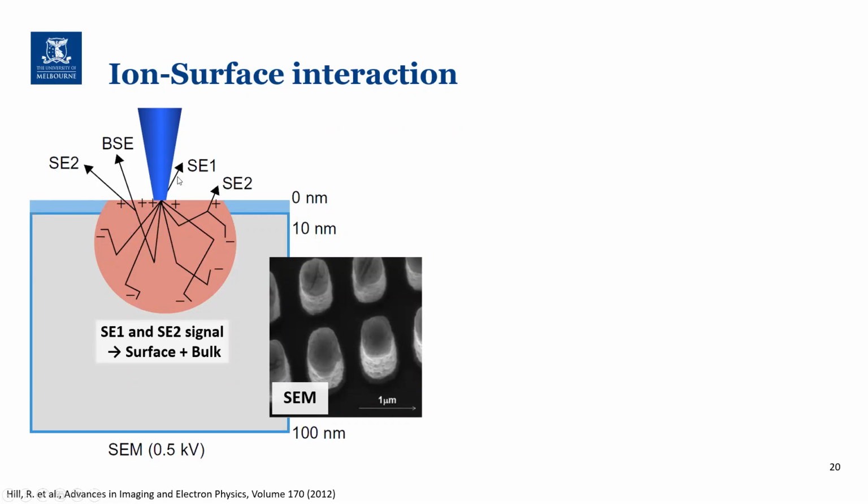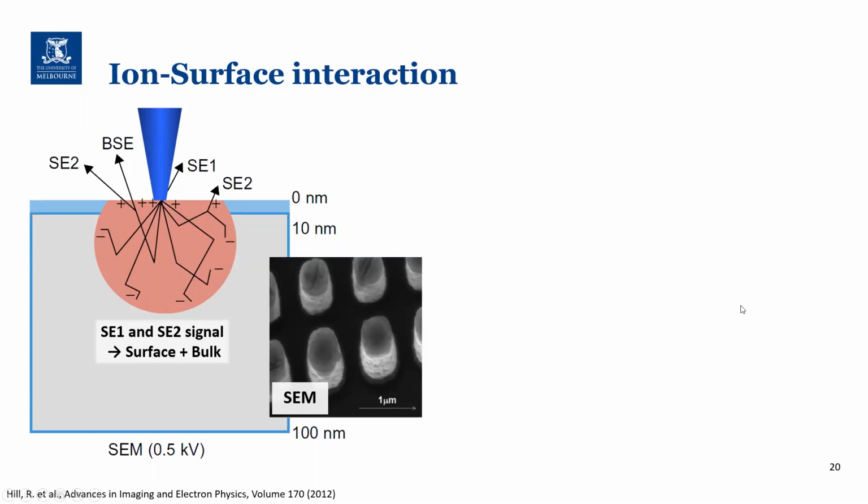So this bulb of interaction volume here is where you get your signal from. It's a combination of SE1 from the surface and SE2 from more bulk information, so it is a combination of the surface and the bulk information in SEM. And that would give you an image something like this.